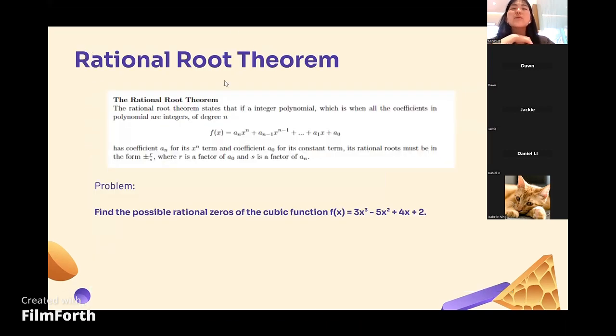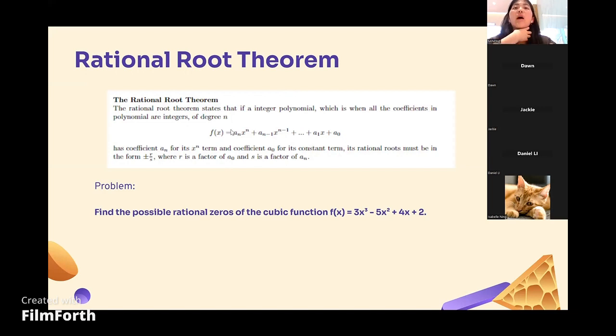Now this is a little bit of an extra for experts. There's the rational root theorem. It states that we're only considering integer polynomials. An integer polynomial is like any other normal polynomial except all its coefficients have to be integers. Let's consider an integer polynomial of degree n, which means the coefficients a n minus 1 all the way down to a0 are all integers.